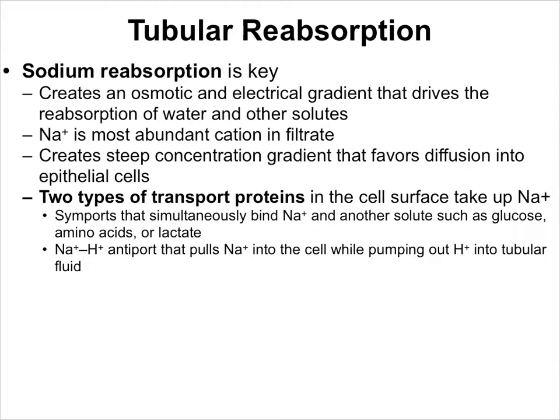Now, sometimes, depending upon what your blood pH is, if your blood pH is too low, meaning too acidic, you need to get rid of hydrogen ions, acid. In that case, you will have a sodium-hydrogen antiporter.